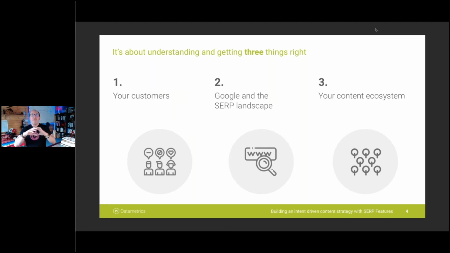Now, if every website owner and every business understood and had the answer to all those questions, it would be amazing, because they could then create an incredibly well-connected content ecosystem that was there to meet their customers at every stage of the purchase journey. So how do we find those answers?